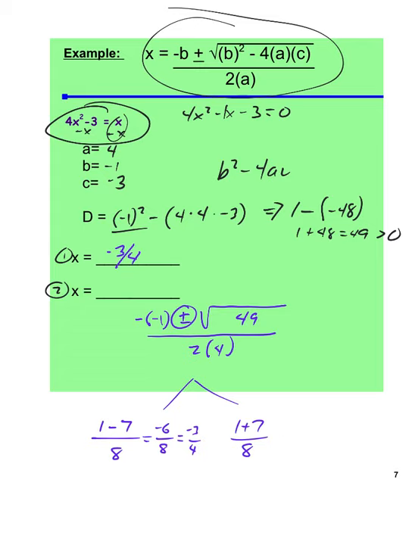And the other solution here would be 8 over 8, which is 1. So this one, we had rational solutions because our square root was a perfect square there, or at least the value under the radical was a perfect square. So we could take the square root of 49 to get 7, and we have our answers there of -3/4 and 1.